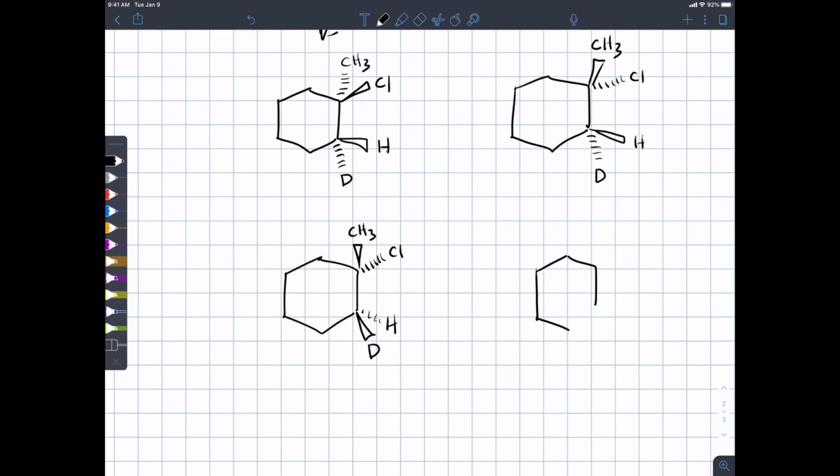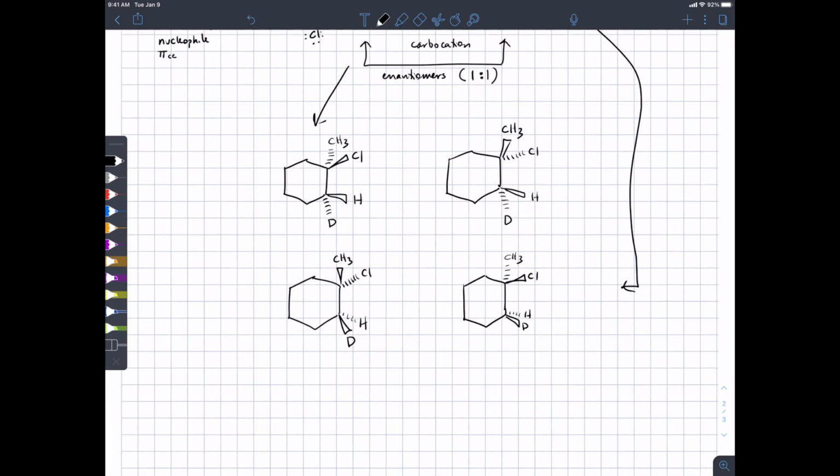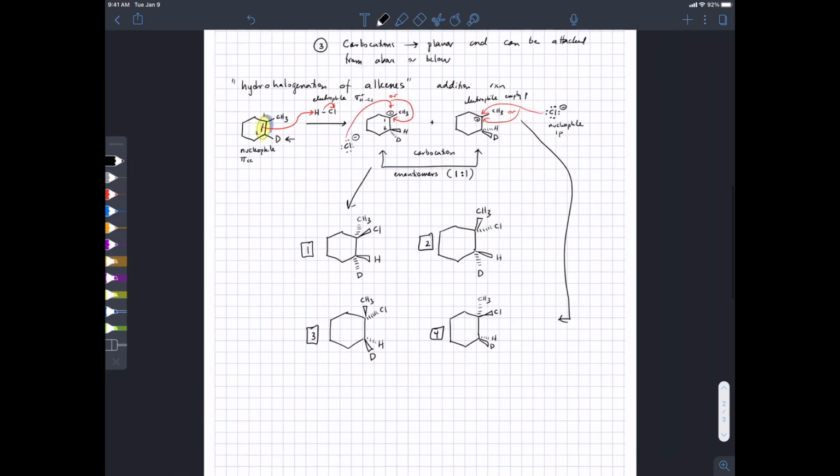And here, let's put chloro up and methyl down. And let's call these stereoisomers 1, 2, 3, and 4.